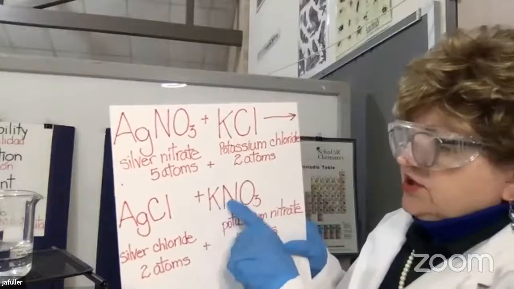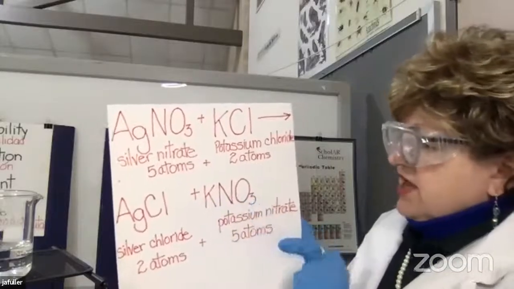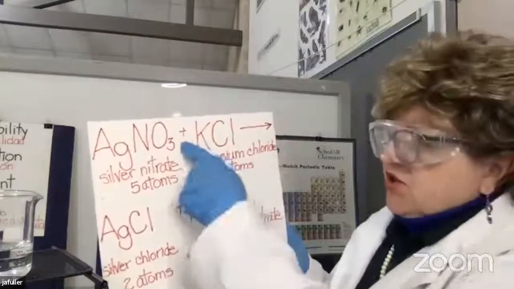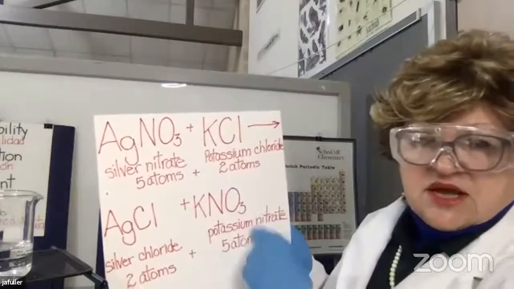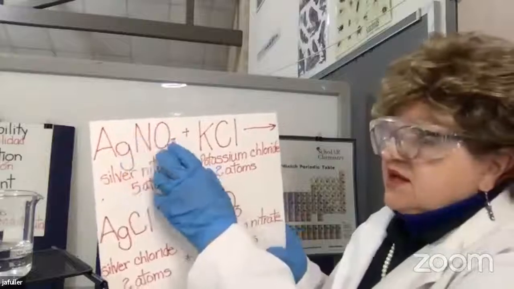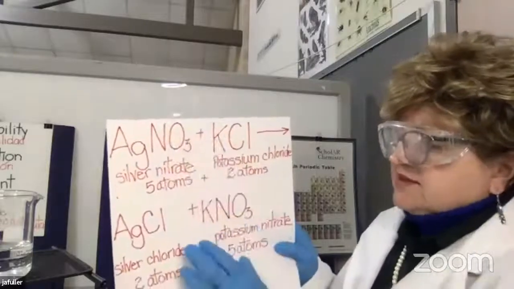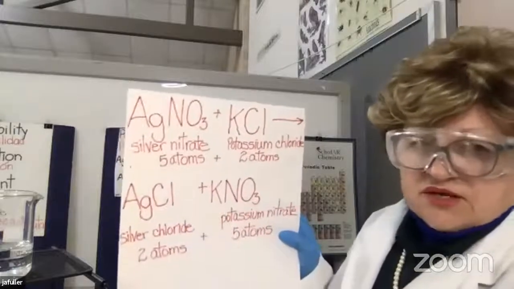So it's going to be 1, 2 plus 3 is going to be 5. 2 plus 5 is 7. So they are balanced. 7 on this side, the reactant part, and 7 on the product part.